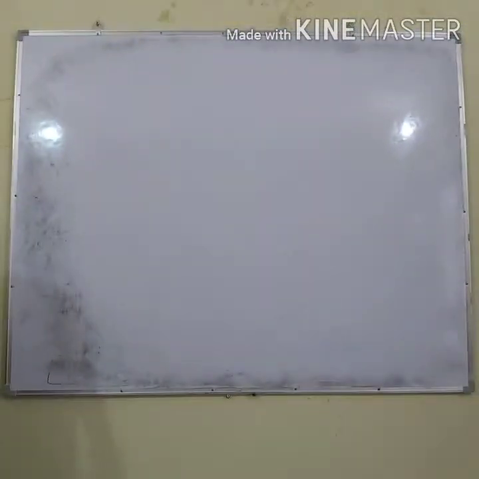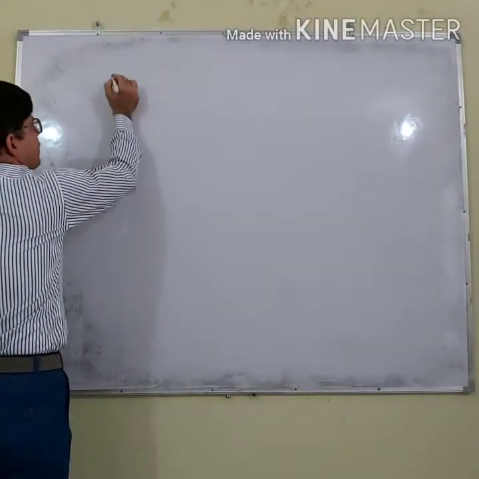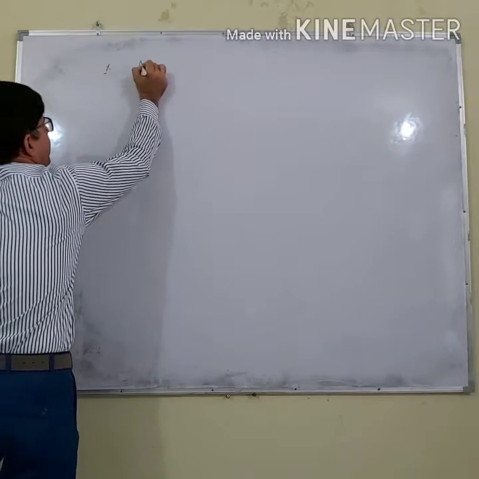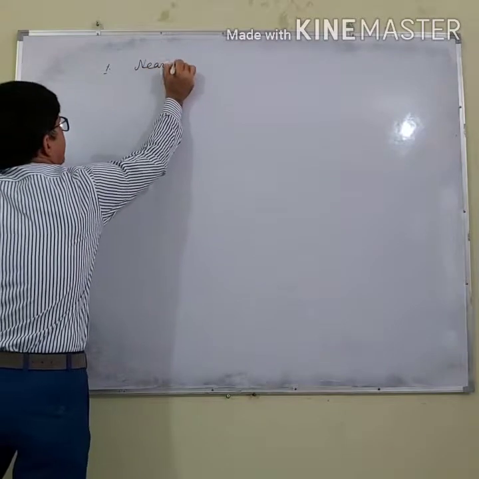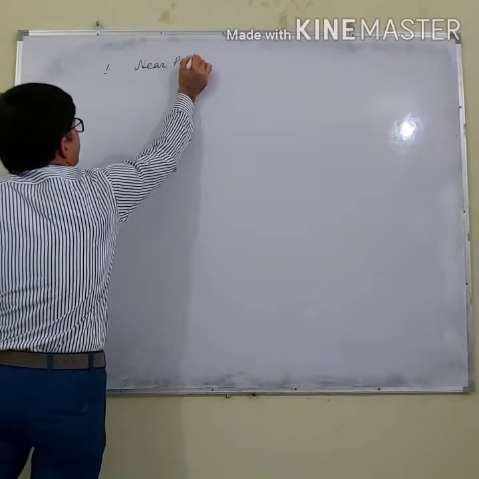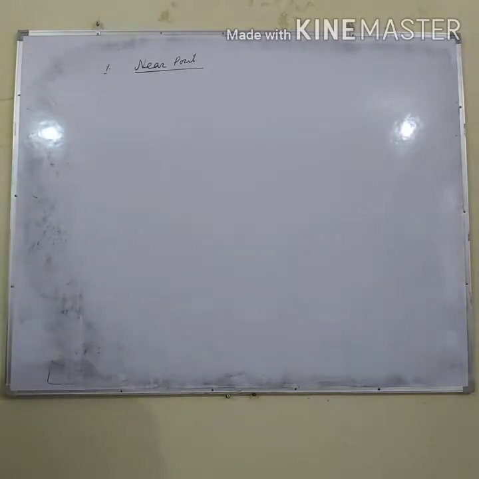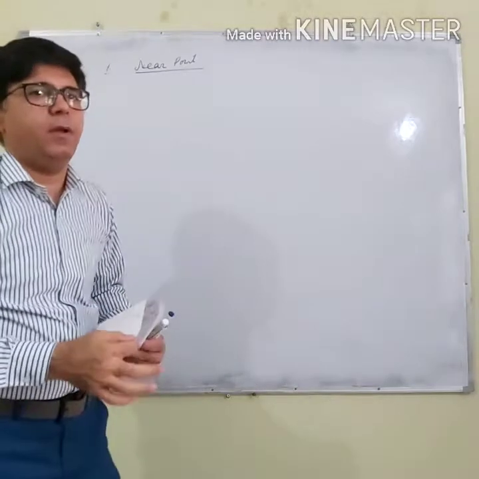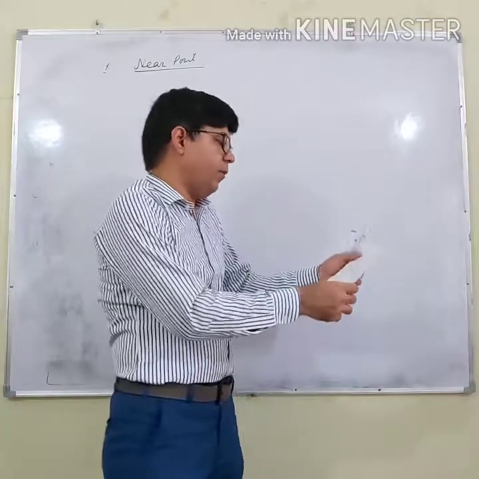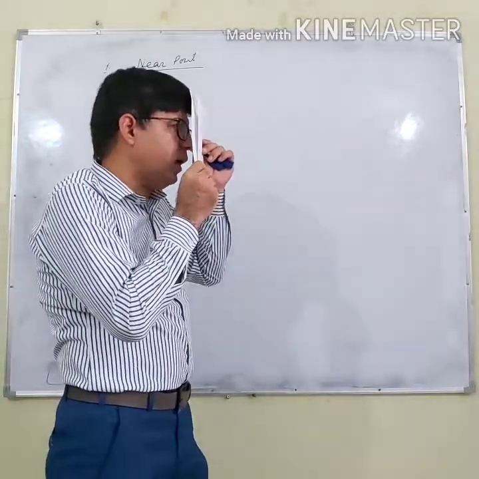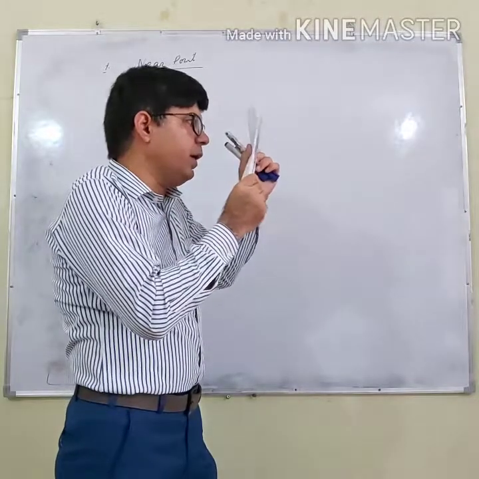The first term is near point. What is the meaning of the term near point? Let us say this is the page. If you bring this page very close to the eye, we are not able to read it.